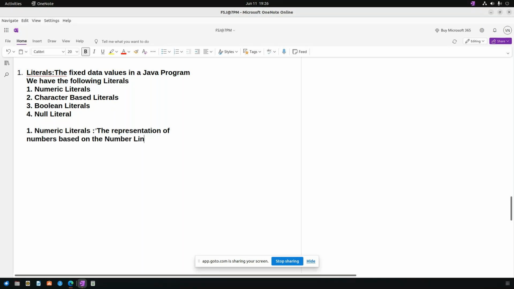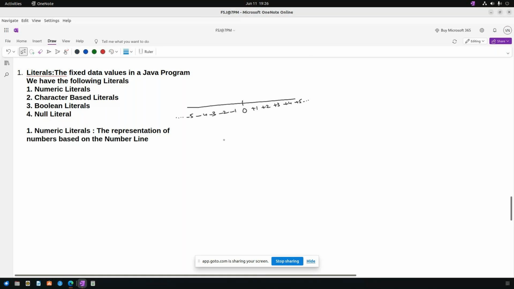This number line we already studied in our childhood: 0, plus 1, plus 2, plus 3, plus 4, plus 5, and so on, and minus 1, minus 2, minus 3, minus 4, minus 5, and so on. The representation of numbers based on the number line.